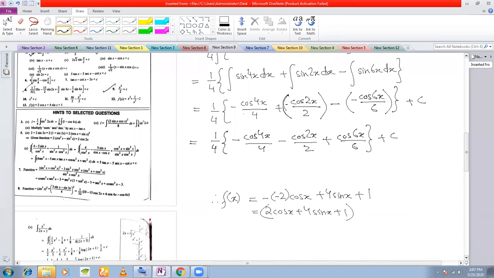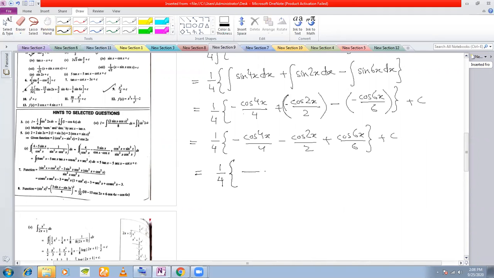Now you can take your LCM also. LCM will be 12. So minus 3 cos 4x minus 6 cos 2x plus 2 cos 6x, plus c.